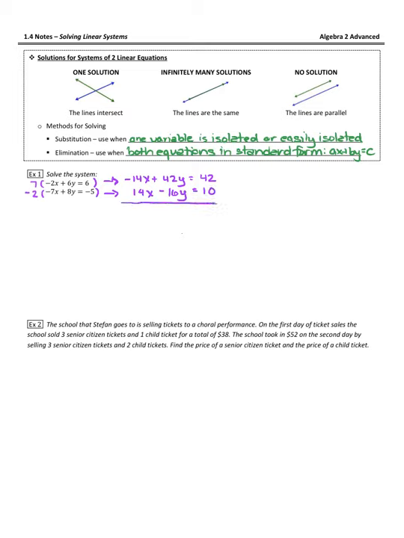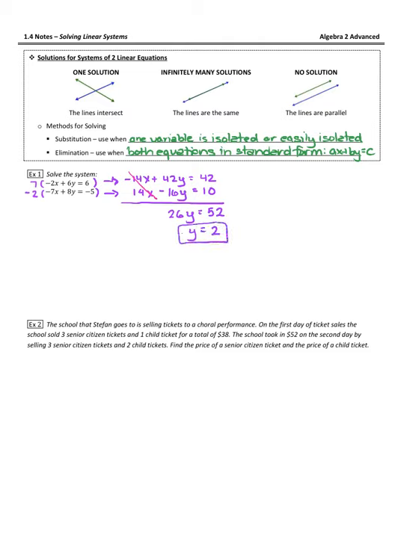And so now I can add those two equations. Notice my x's get eliminated, and when I add, this is going to give me 26y equals 52, and I can divide both sides by 26, and you get y is 2.